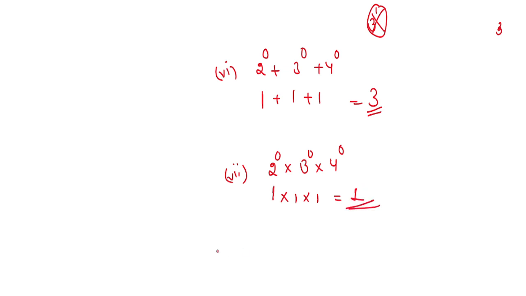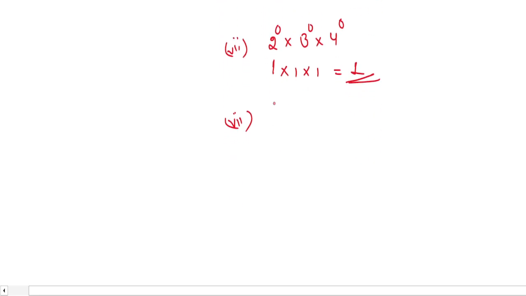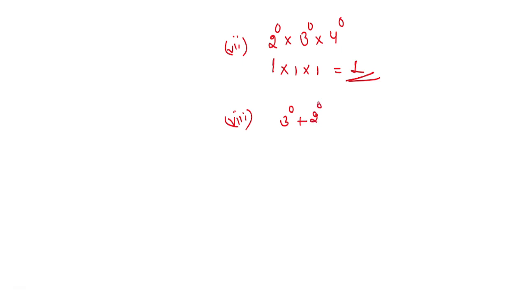Now the eighth part: 3 raised to the power 0 plus 2 raised to the power 0 multiplied by 5 raised to the power 0. When there is a power of 0, the answer is 1. So 1 plus 1 multiplied by 1. So 1 plus 1, that is 2, multiplied by 1. So the answer is 2.